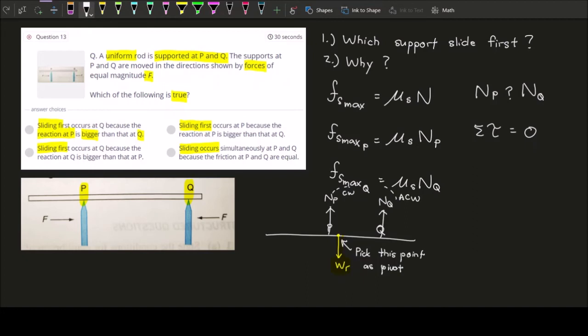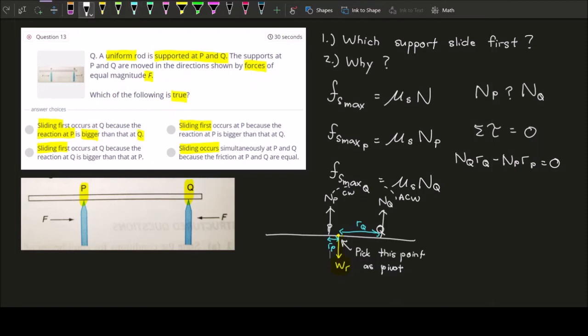We treat anti-clockwise as positive. So NQ RQ minus NP RP equals 0. To be very clear, this will be RQ, and this will be RP. So this is the equation we construct for sum of torque equals 0.